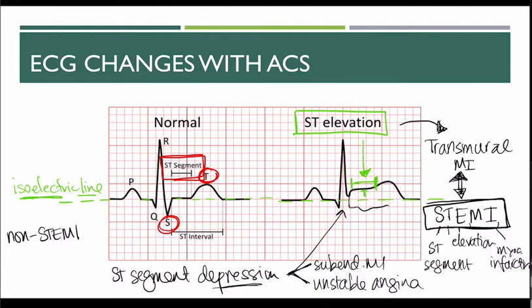Non-STEMI tells you that you had a myocardial infarction, but there was no ST segment elevation. So a non-STEMI is synonymous with the subendocardial MI. Two names that mean the same thing.